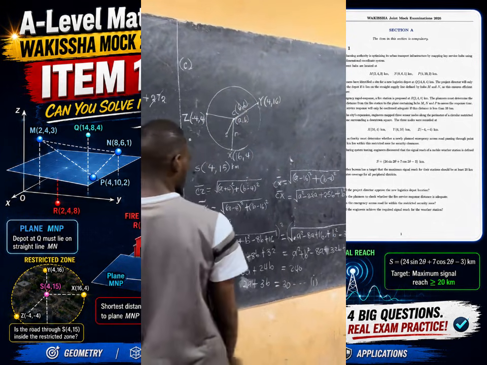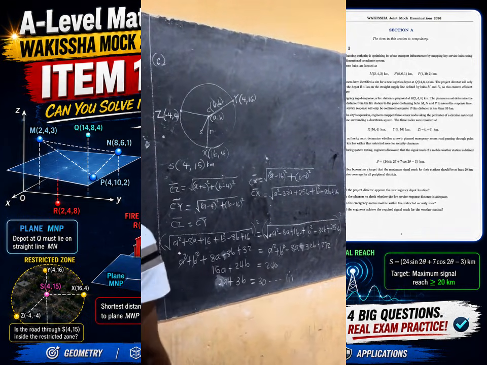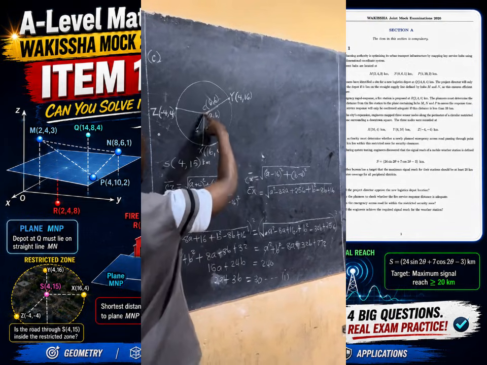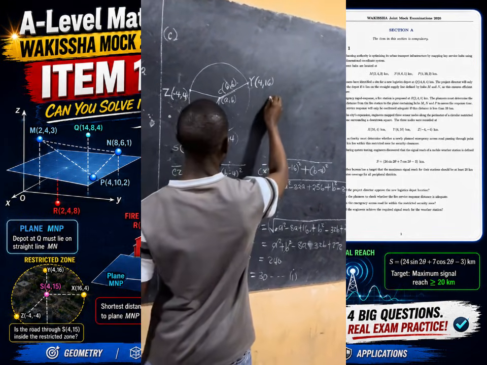I'm not yet through. So I have established (6, 6). Now I need to go ahead and find the radius. How do I get the radius? CY is the radius, so let me substitute and see what the radius is.